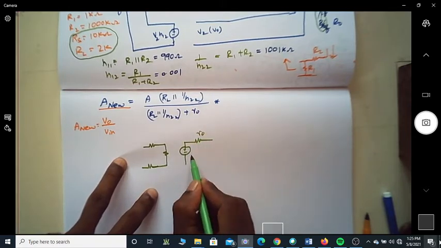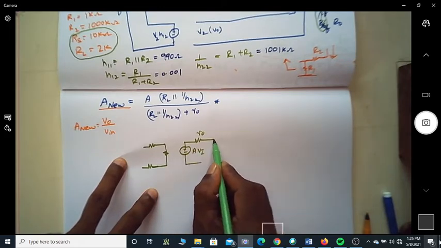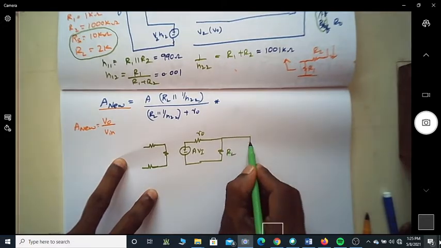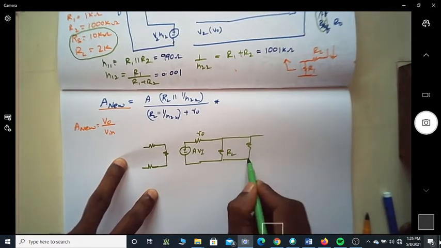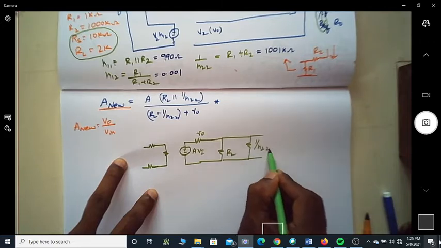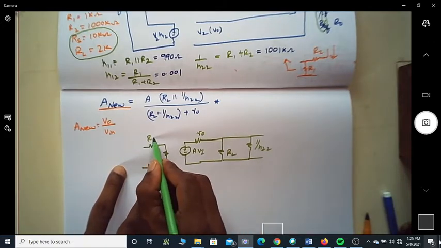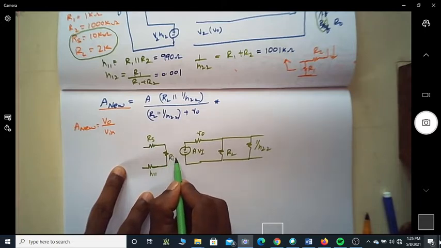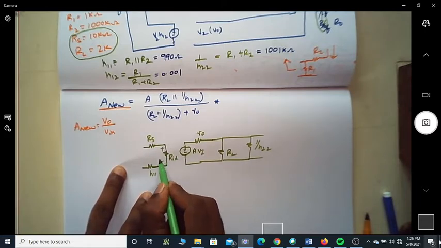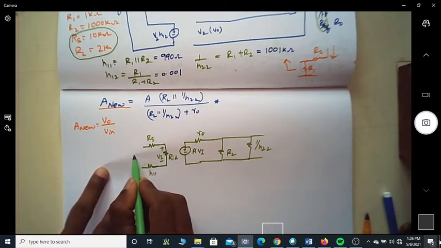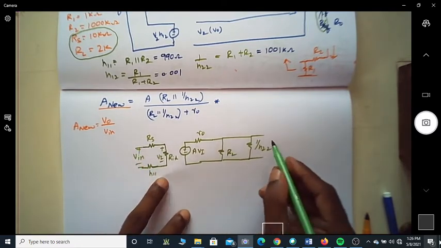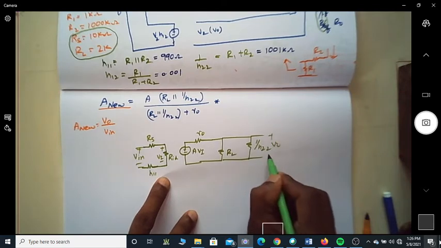So this is R naught, this is A into Vi, this is RL, this is 1 over H22, this is RS, this is H11, this is RID, this is Vi, and this is what I'm calling V in, and therefore this is V naught.